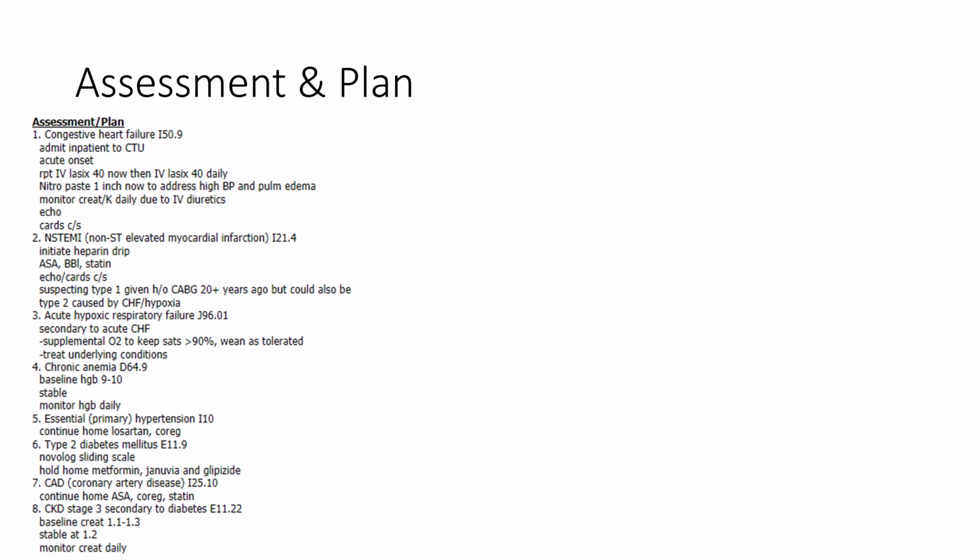Assessment and plan. As far as trying to avoid those CDI queries, you usually try to put what you think the cause is, like for heart failure, acute on chronic, suspect secondary to whatever.